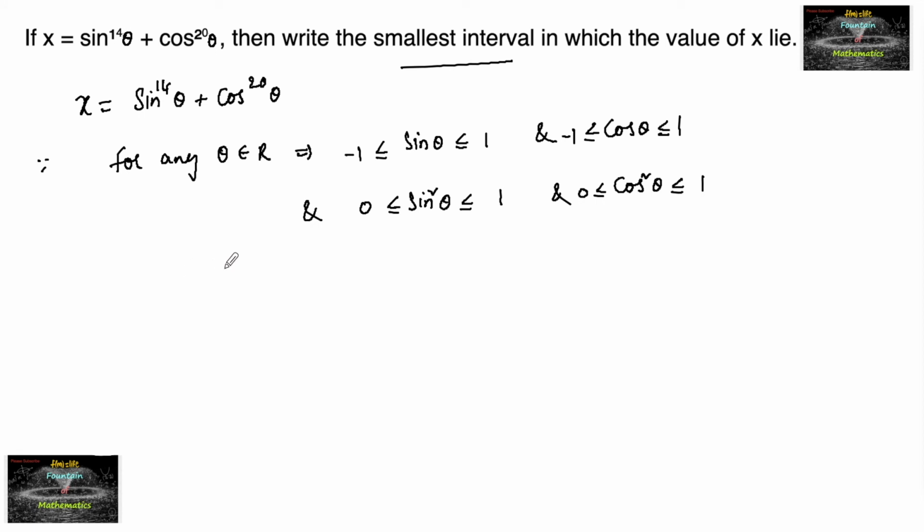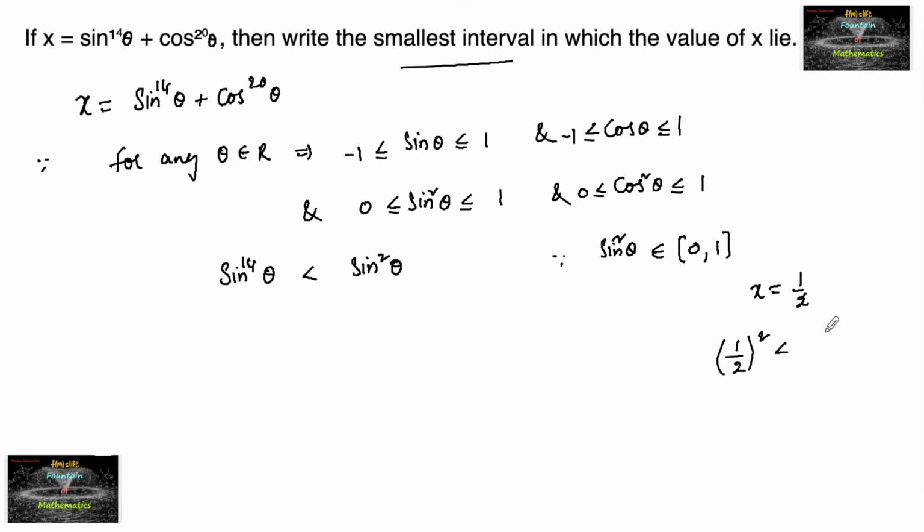Now sin power 14 theta is smaller than sin square theta, because sin square theta belongs to 0 to 1. Suppose x is equal to 1 by 2, so 1 by 2 whole square, 1 by 4, is smaller than 1 by 2, because it's a decimal.